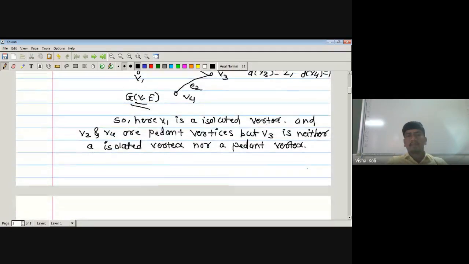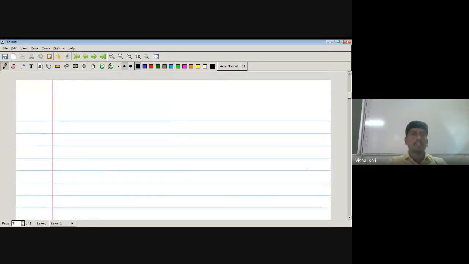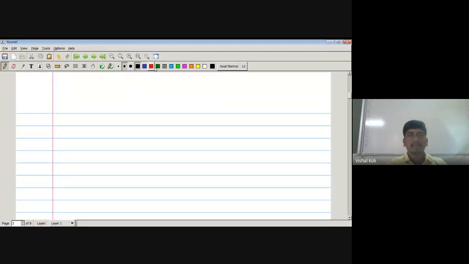Okay. Now, next concept will be degree of a graph. We have seen degree of a vertex. Now we have to see the degree of a graph G. Okay. So first let us see its definition.